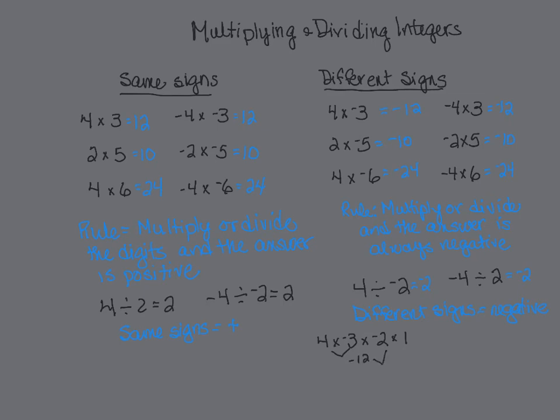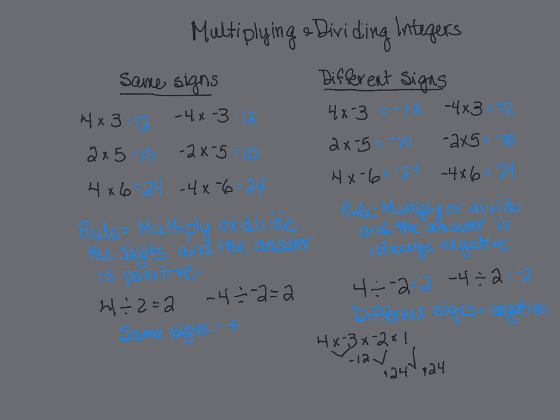Negative 12 times negative 2 is positive 24. Okay, positive 24 times 1 is positive 24. So you need to kind of watch that. It may change as you go along as you're multiplying through.